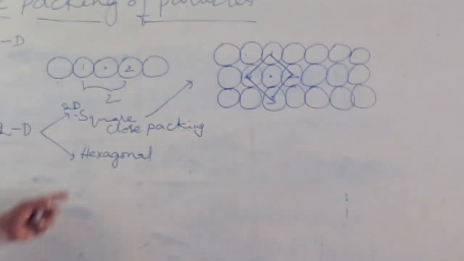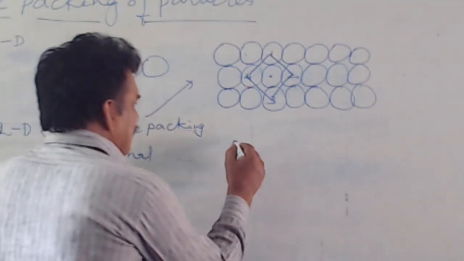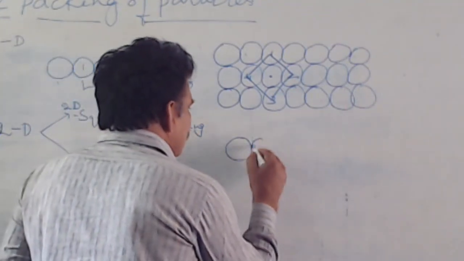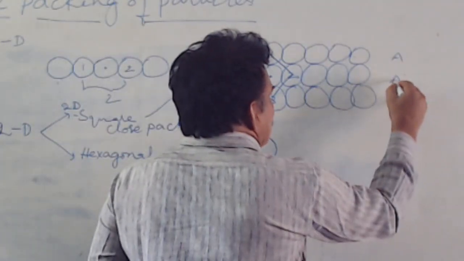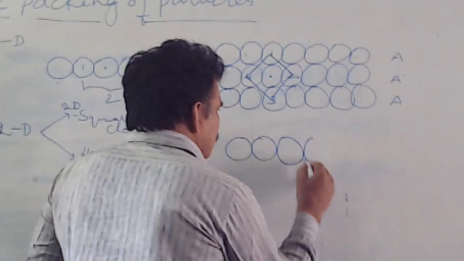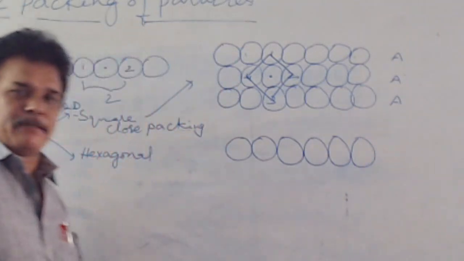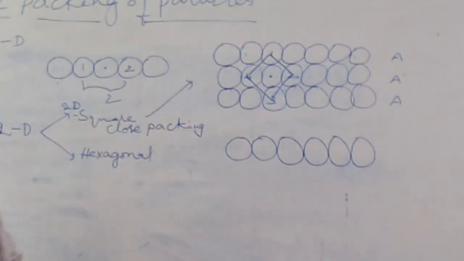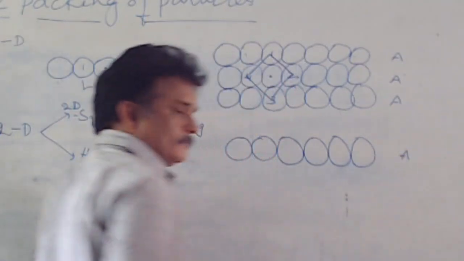Two-dimensional close packing can be like this also. Say this can be treated as A type of 2D close packing. Say this is a layer like this.